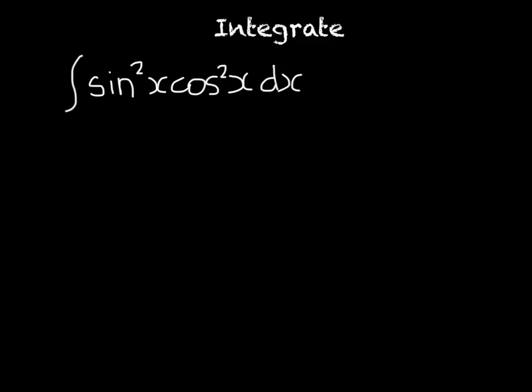Here again we have an integral involving powers of sine and cosine, but unfortunately here we don't have anything that has an odd power, so we're just going to have to see what we can do about this. One thing we can try is to take out the squares so that this is sine times cosine x squared dx.